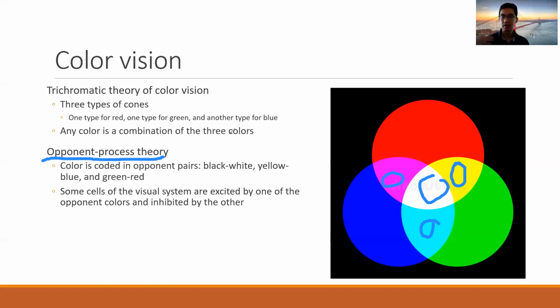So why can you see black? Because in that part, some cones are activated. But in other parts where there is white, the cones that are sensitive to black are inhibited. That's how you can see different colors. That's called the opponent process theory.